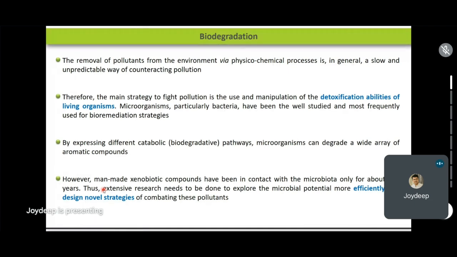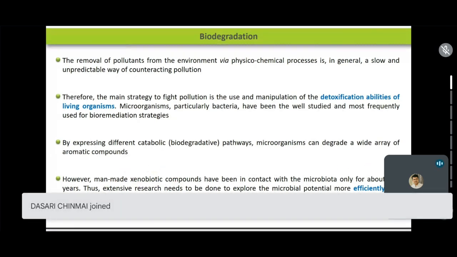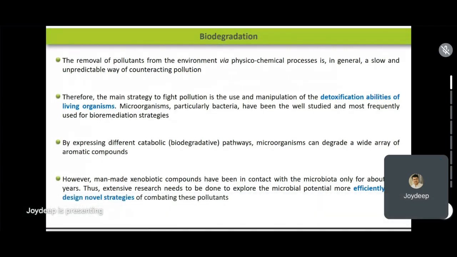But talking about degradation of xenobiotic compounds, these have come into nature not more than 100 or 150 years back. So the microbes have hardly got a little bit more than 100 years to adapt to these compounds and to evolve to degrade these kind of compounds, right? So sometimes that is the reason which limits their use as potential degradation tools in the environment.